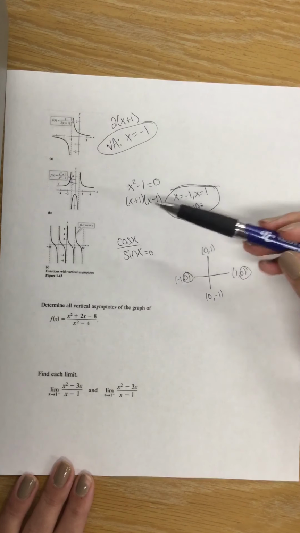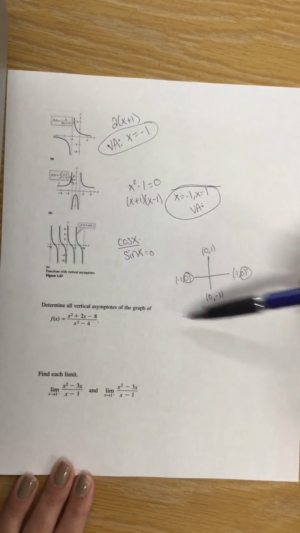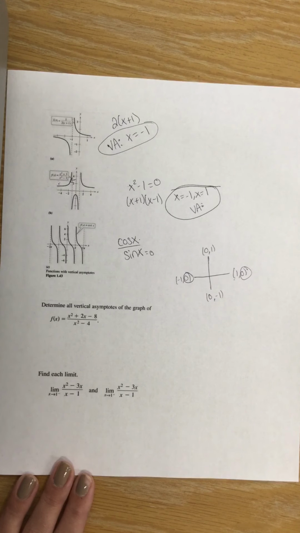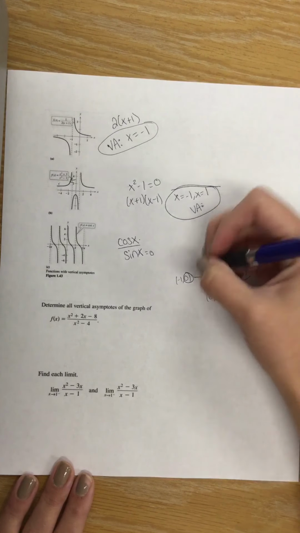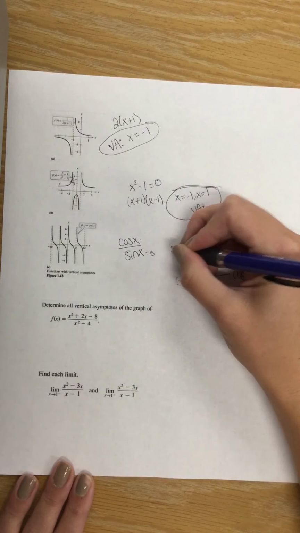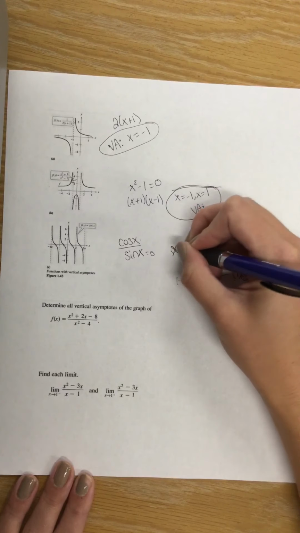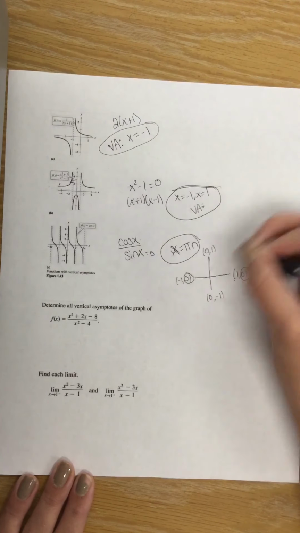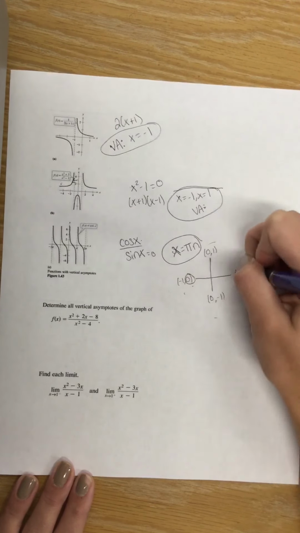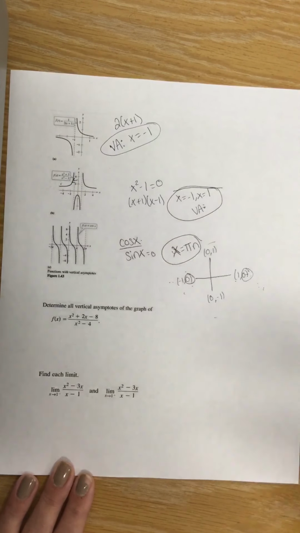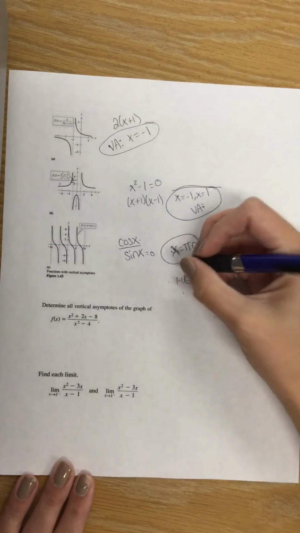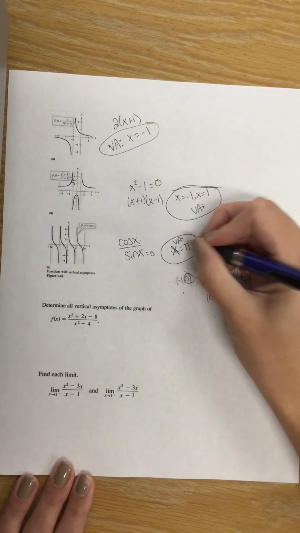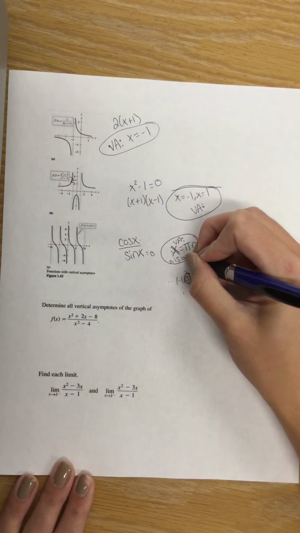Is cosine 0 at any of those points? No, it doesn't. So at x equals pi n, because every pi that we hit around the circle, there will be a vertical asymptote, where n is an integer.